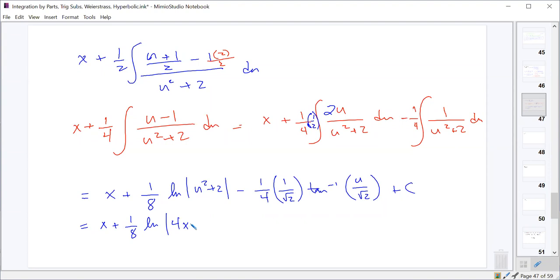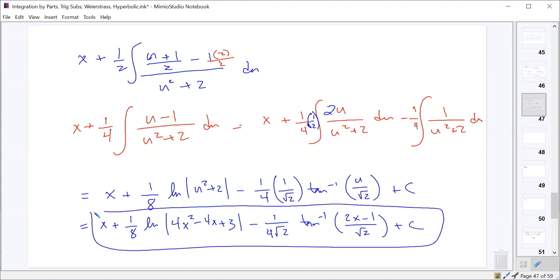So natural log absolute value of 4x squared minus 4x plus 3, minus 1 over 4 root 2 inverse tangent of 2x minus 1 over root 2, plus our constant. Good or no?